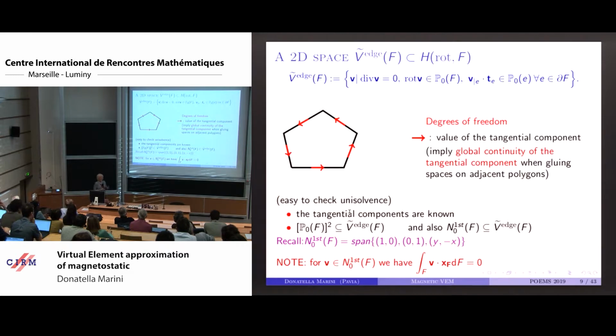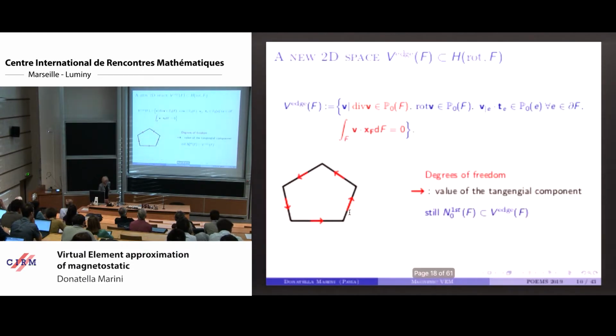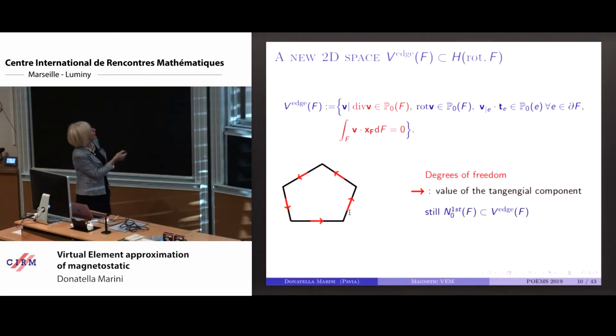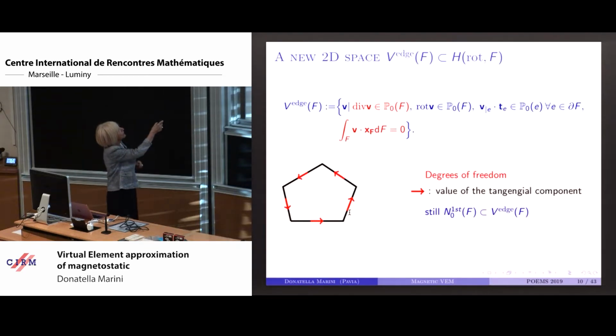So we proceed like I did before. We impose this condition on all the functions of our space, not only to the Nedelec included there. So we modify, we add this condition, and of course the divergence will not be 0 anymore, will be constant.